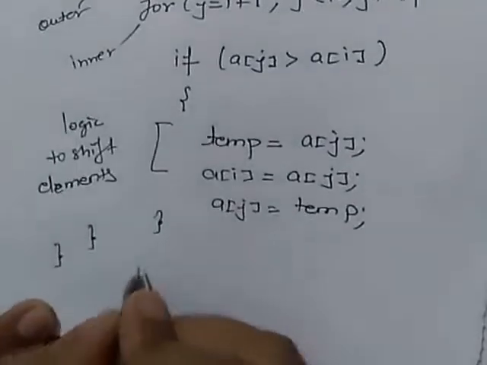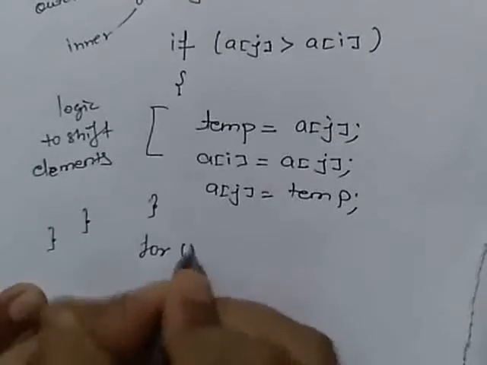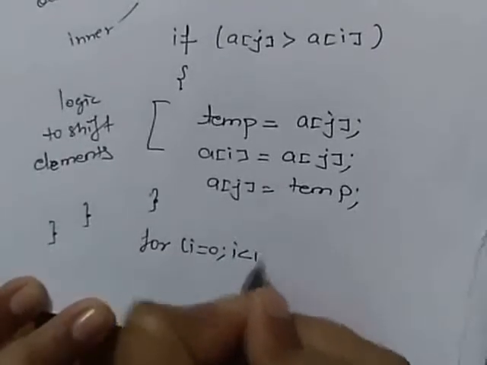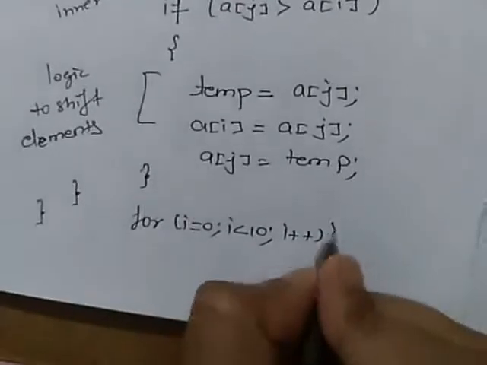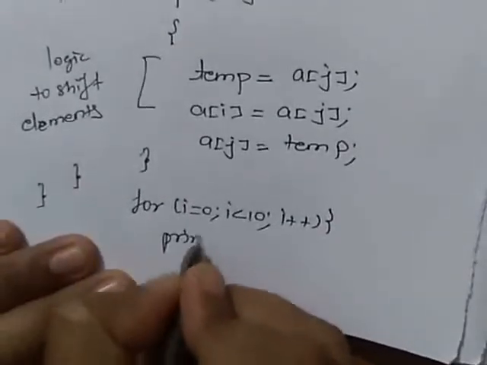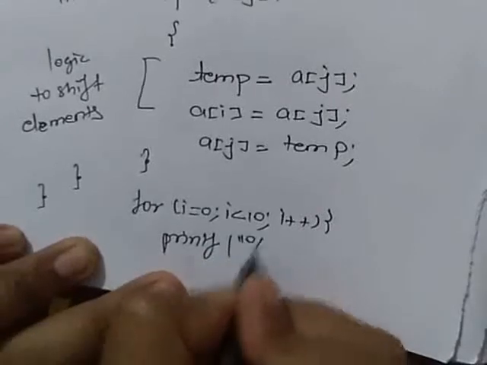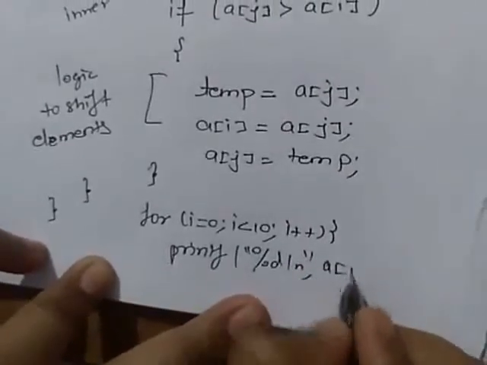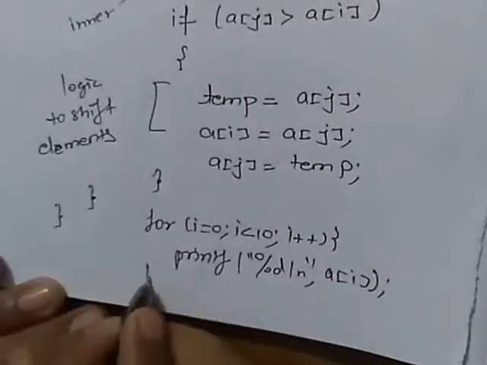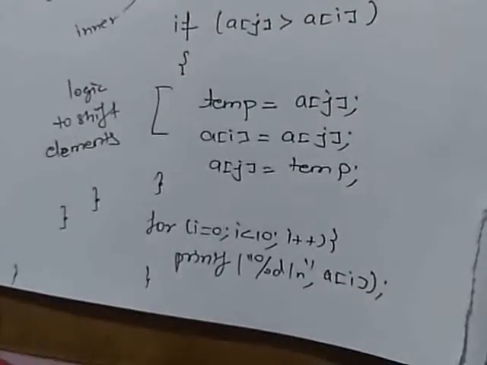For this we create a for loop, for example, for i equal to 0, i is less than 10, i plus plus. Now for printing the element, give a printf statement with %d, slash n, and a of i. So this is the way by which the elements are sorted.